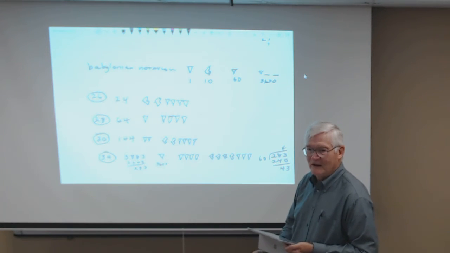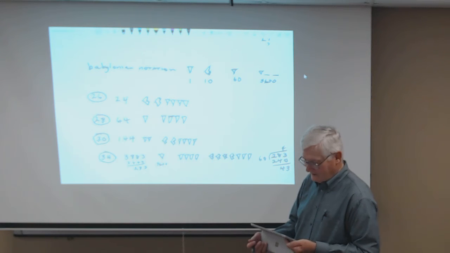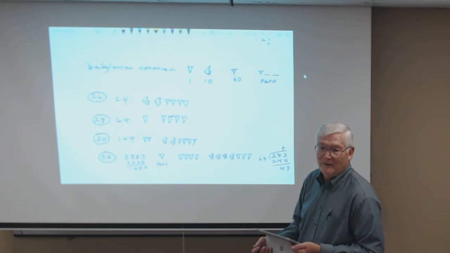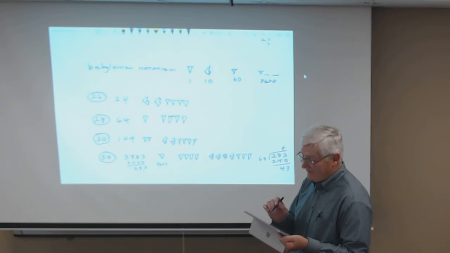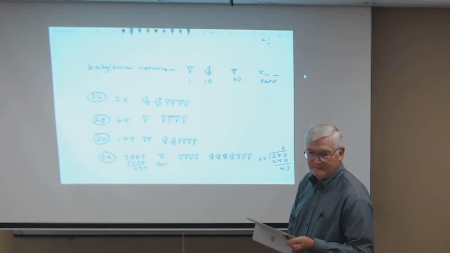That's the same thing we use in our clock. Maybe that's where the first clocks came from, the 60 seconds in a minute, because that's how long your heart beats when a minute has transpired. But they didn't have minute hands back then, so how in the world did they figure that out? I don't know, they must have just listened to their heartbeat and said that sounds like a good base for our enumeration system. So we have a 1, a 10, and a 60. And after 60, it goes to 3600.